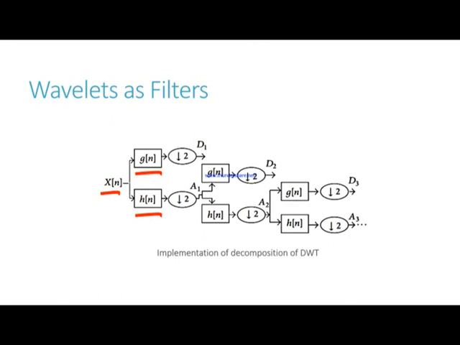Gn is a high-pass filter in nature, while its mirror image Hn is a low-pass filter in nature. We also have two downsamplers. Each stage outputs a detail of the signal, D, and an approximation of the signal, A, where the latter becomes an input for the next step.